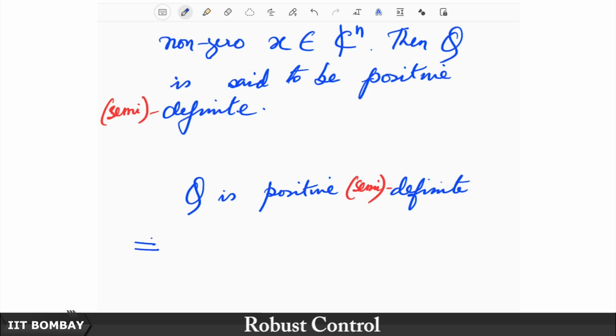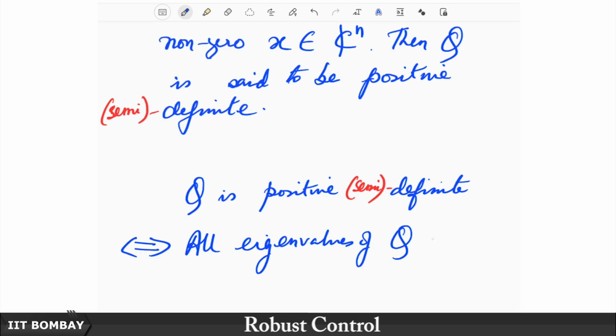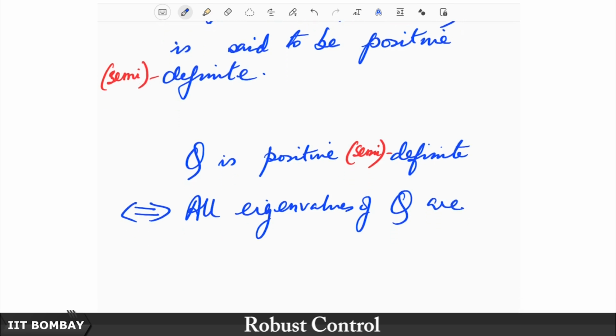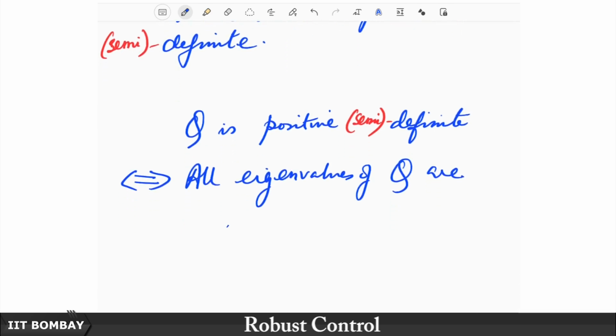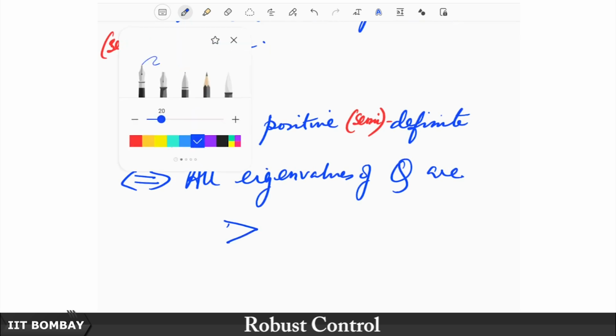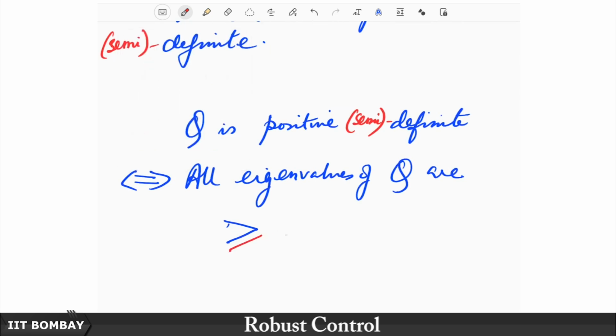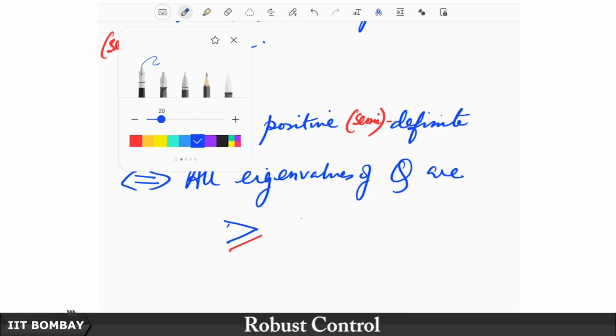This implies that all eigenvalues of Q are greater than or equal to 0.